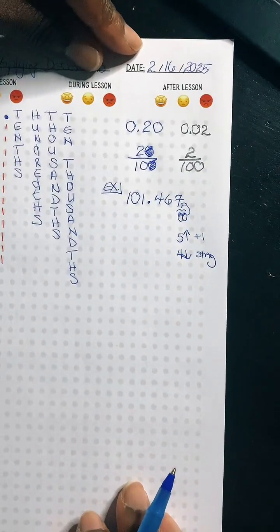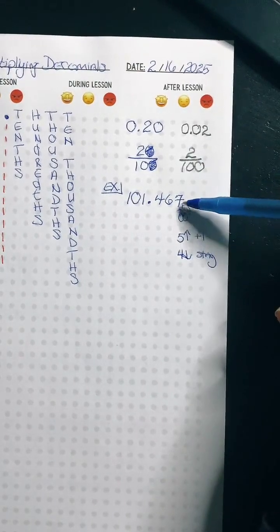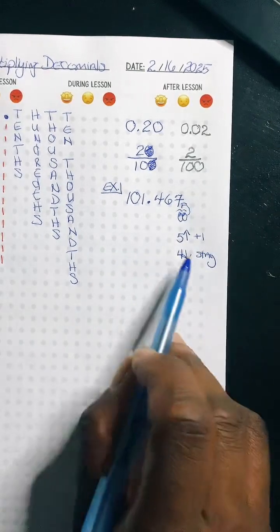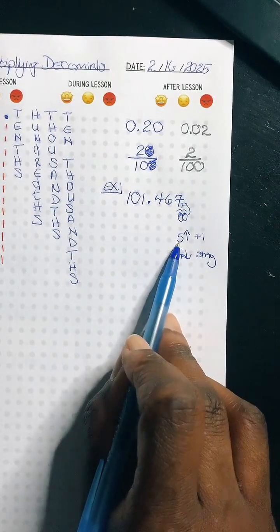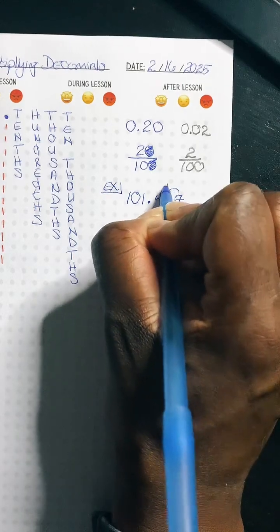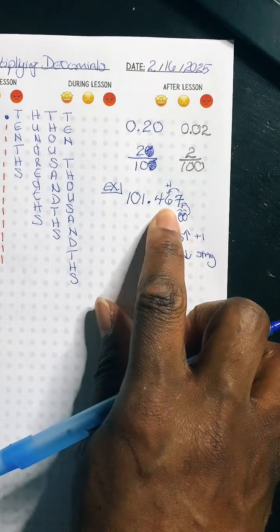I think you guys can see that. All right. So we're looking at the thousandth position. Since it's a 7, and it's bigger than 5, that means I need to add 1 to my hundredth position.